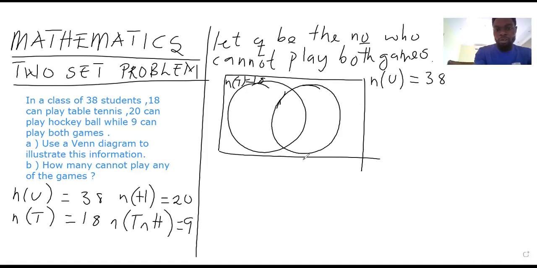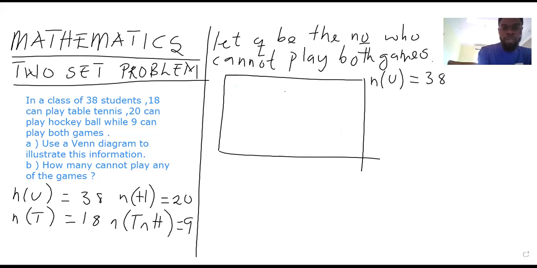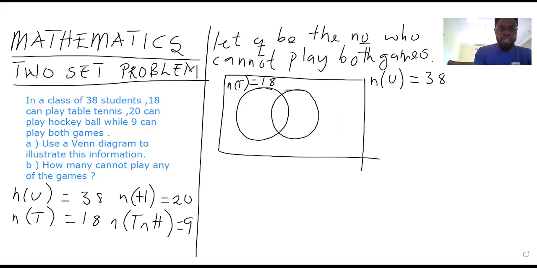Let me do my circles well so that they are visible. Good. And then number of H, that will be 20. And then the intersection is 9.